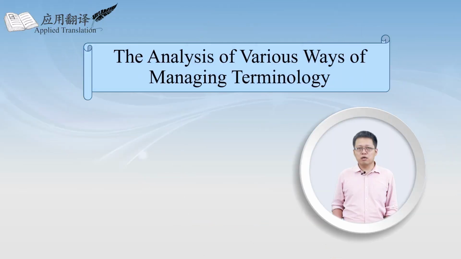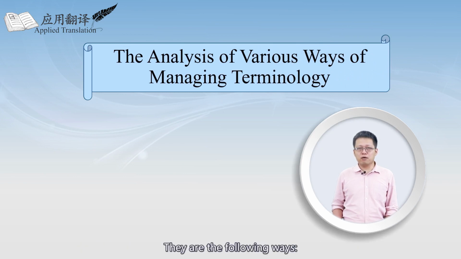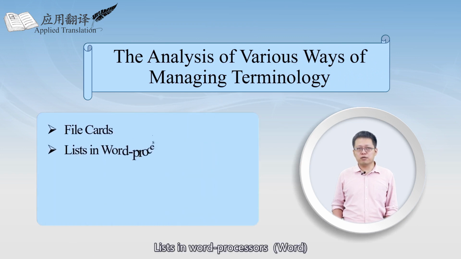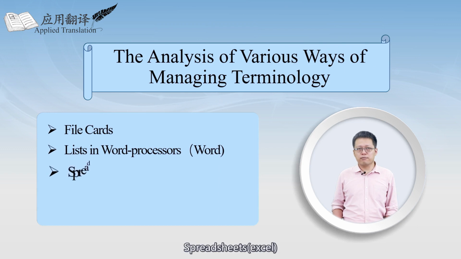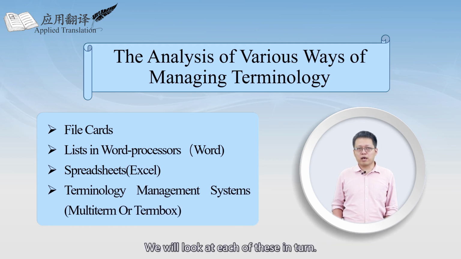In general, the following methods can be used to keep track of terminology: file cards, lists in word processors such as Word, spreadsheets such as Excel, and terminology management systems such as MultiTerm or TermBox. We will look at each of these in turn.